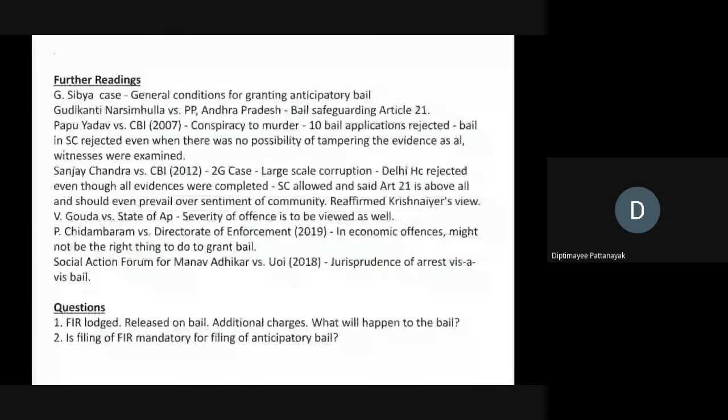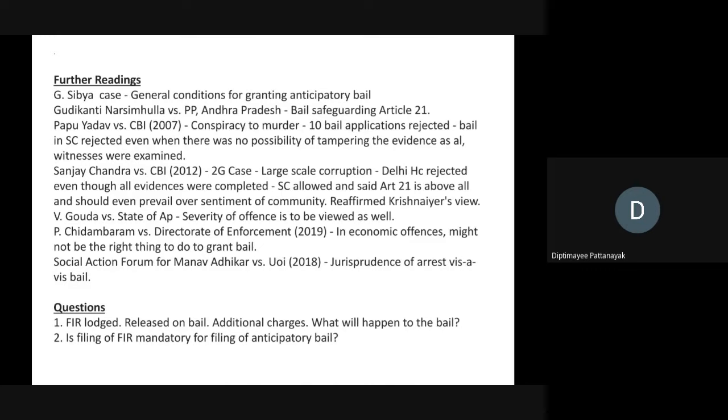When bail was moved to the Supreme Court, it was rejected again, even when all the vital witnesses had already been examined, on the ground that the allegation is very severe.